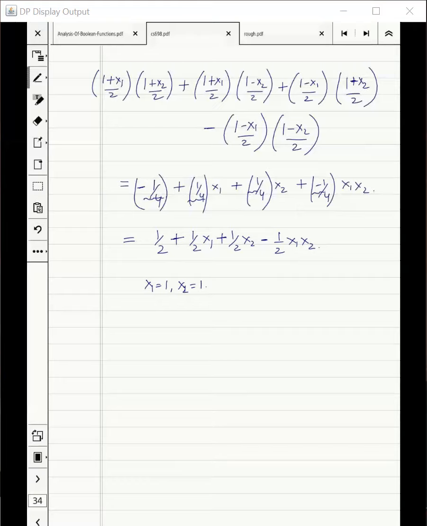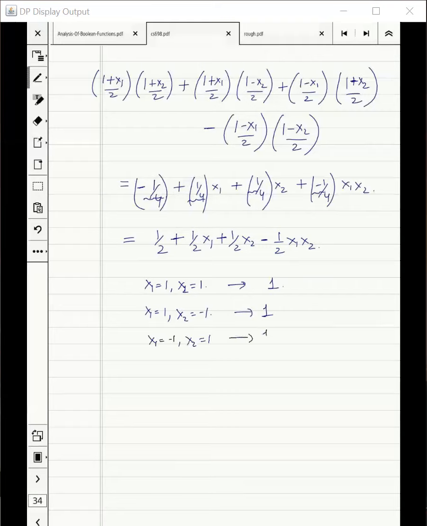Right. And now you can see if x1 is equal to 1 and x2 equal to 1, I will get the answer as 1: half plus half plus half minus half. If x1 equal to 1 and x2 equal to minus 1, I will get half plus half minus half plus half, again 1. That is going to be the same case here also.